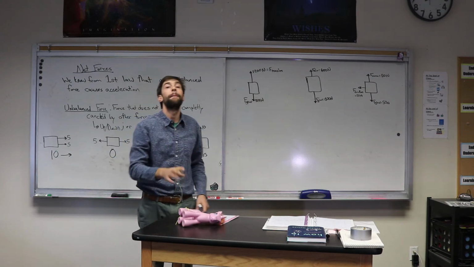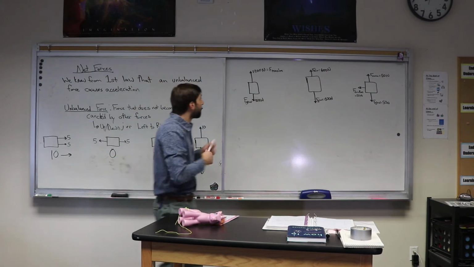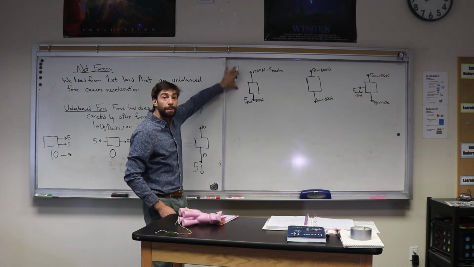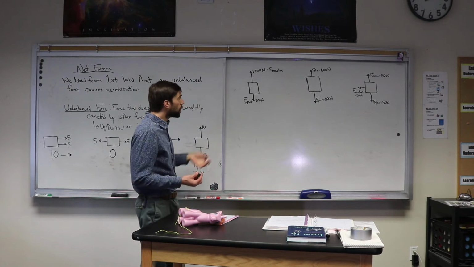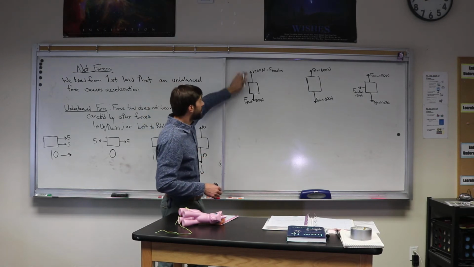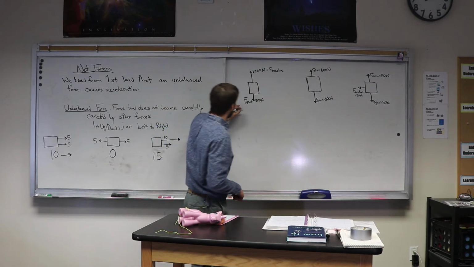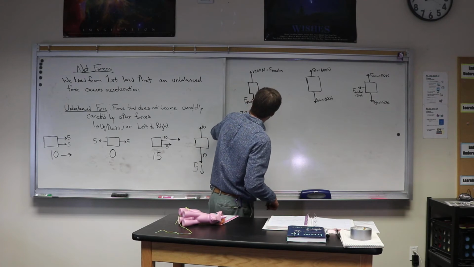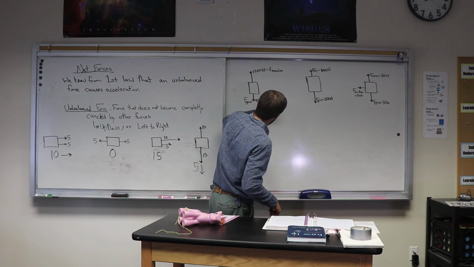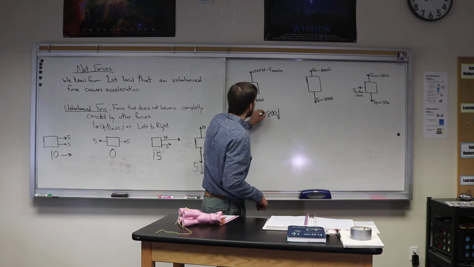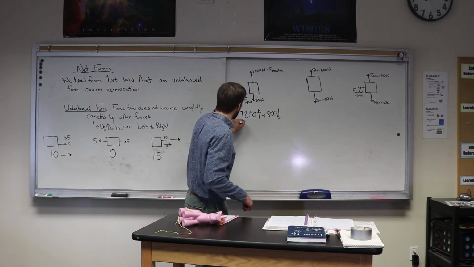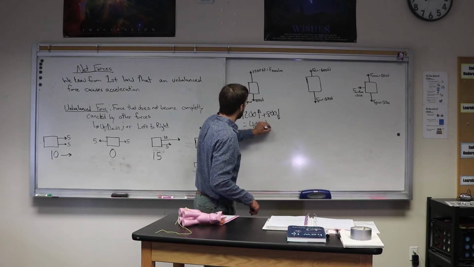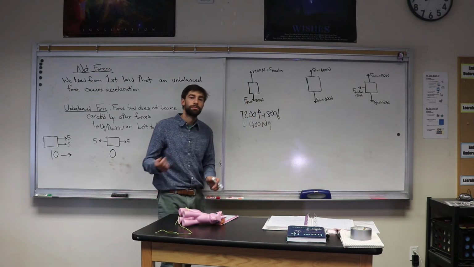There is an unbalanced force. How much extra do we have going up versus going down? We can just subtract: 1,200 up plus 800 down, or negative 800, equals 400 newtons up.